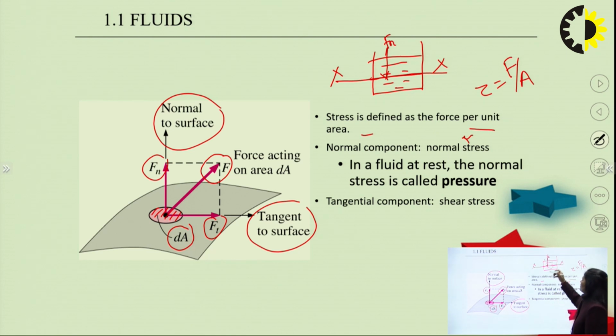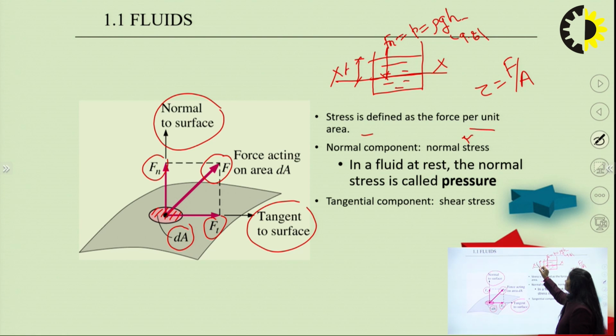So this Fn is actually pressure, and how we can calculate pressure under the condition of static fluid is simple. We can apply Pascal's law, that will be equal to rho g h. Rho is what? Rho is the density of the particular fluid, and g is what? This is the acceleration, 9.81, and h is what? It's actually the distance of this particular level from the free liquid surface.